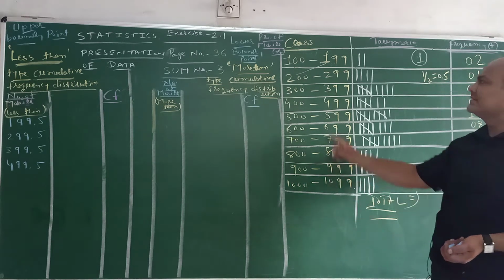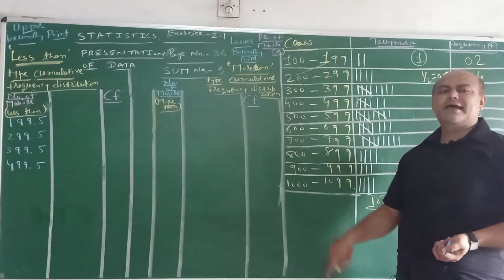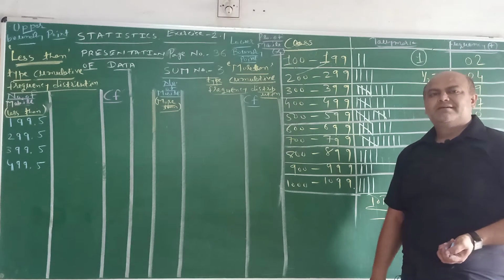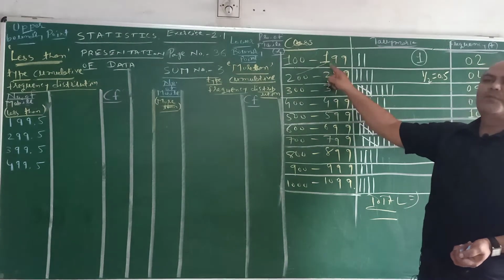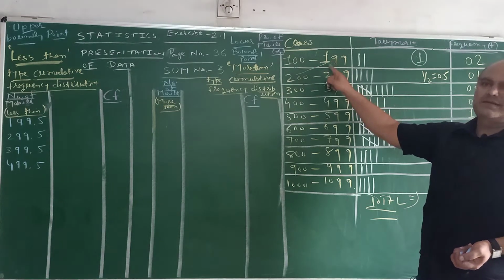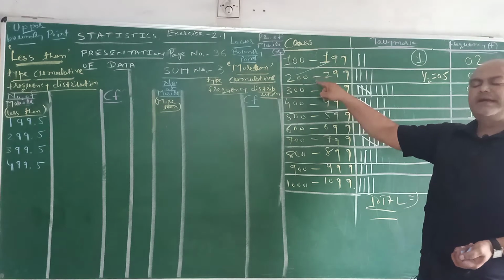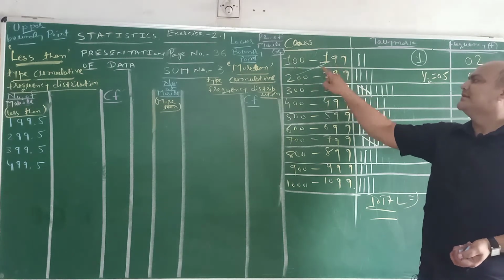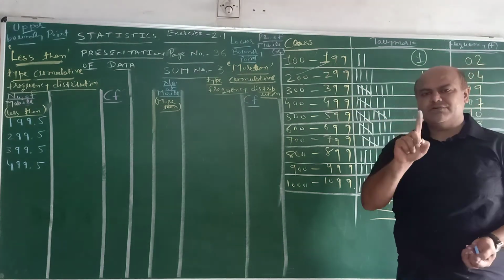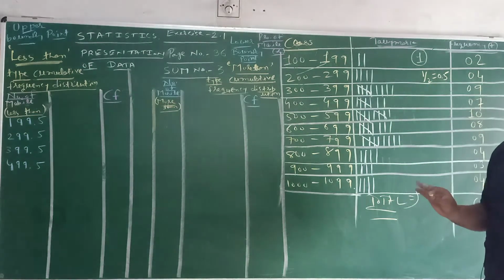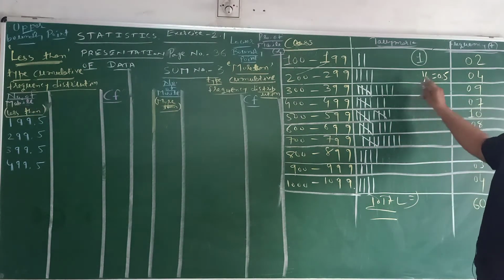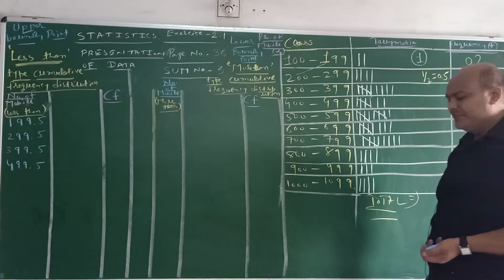The gap between the upper boundary of the first class and the lower boundary of the next class is 1, and it is always divided by 2, that is 0.5.